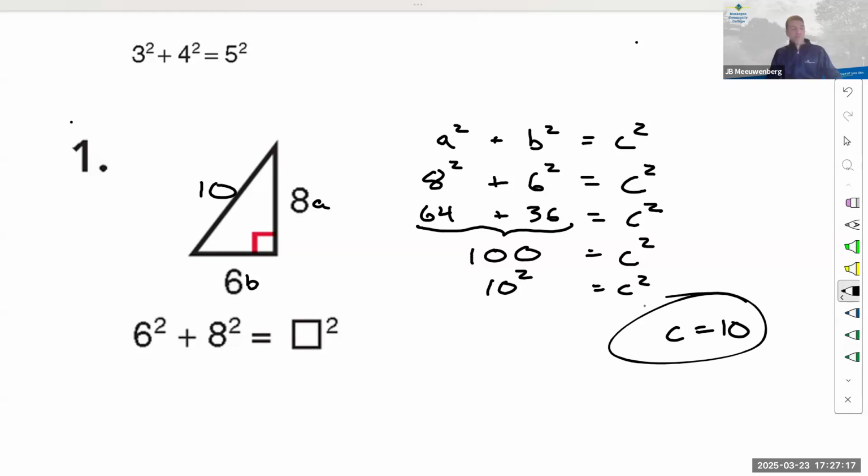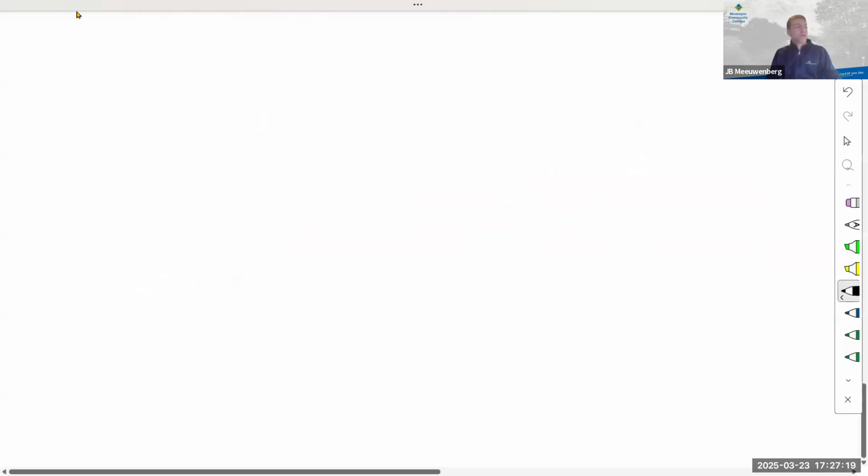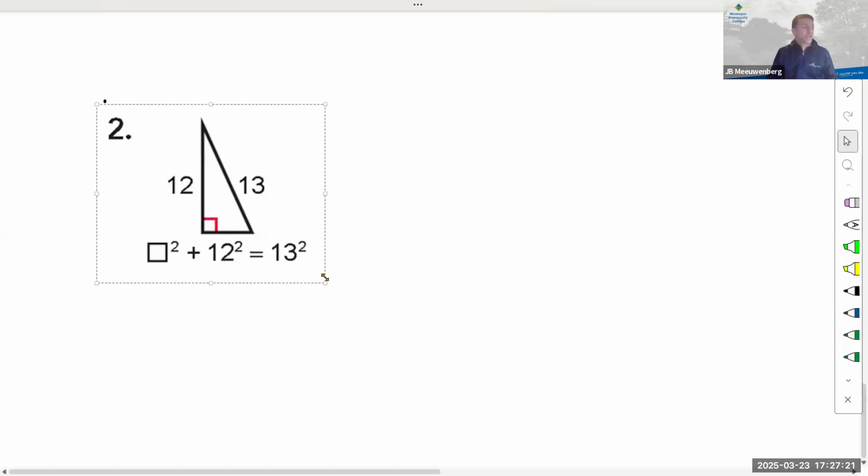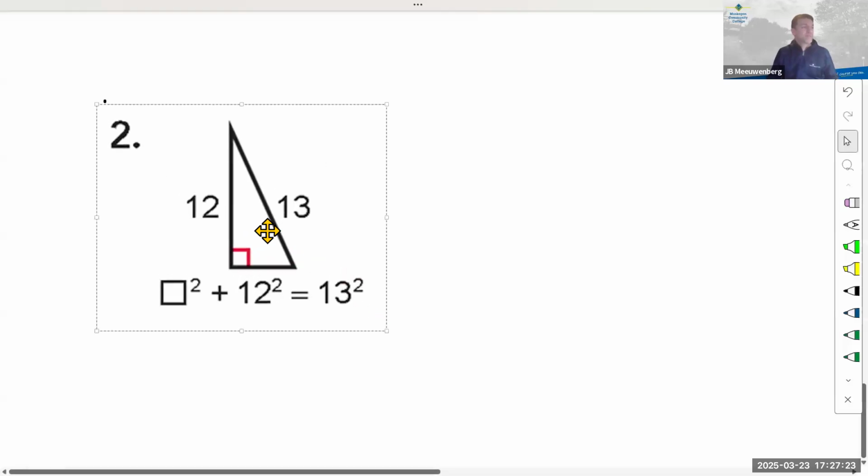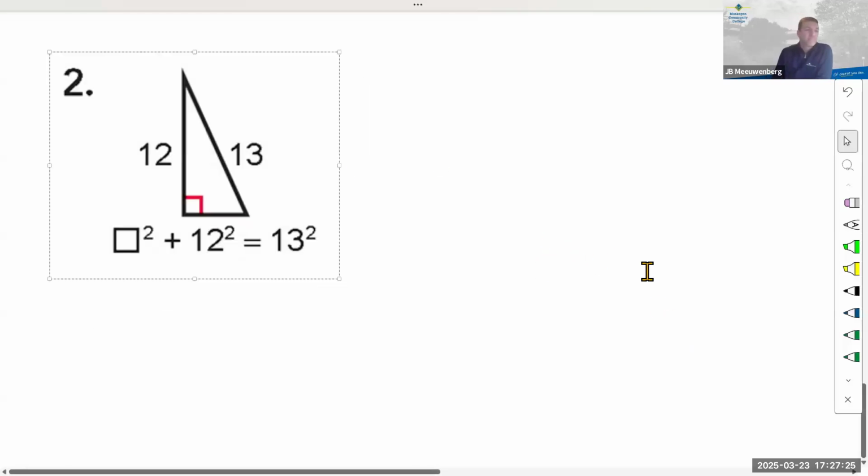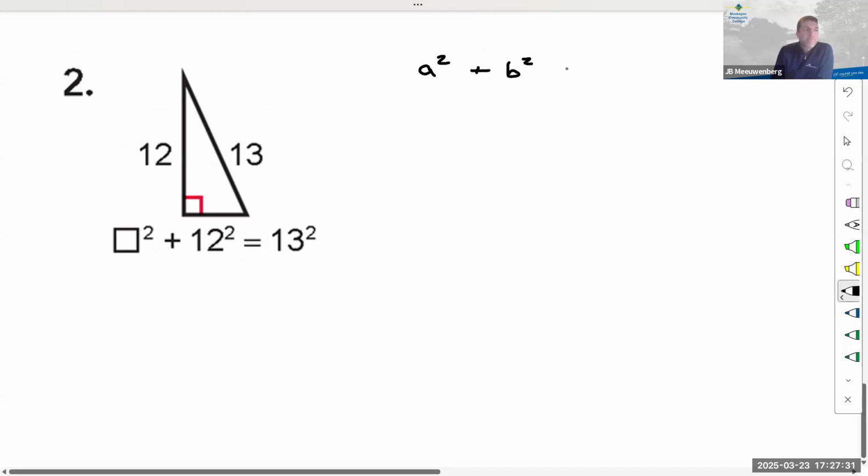Here's another scenario. See if you can work this one, which is a little different than the previous one. Again, if we use the Pythagorean theorem, I always like to write my formulas down before I use them. Remember that A and B have to be the legs and C is the hypotenuse.